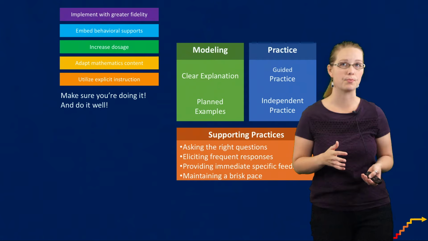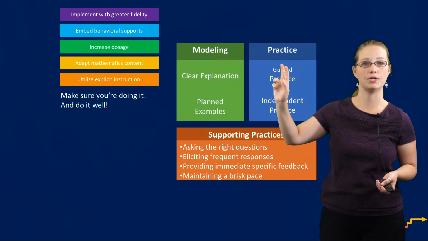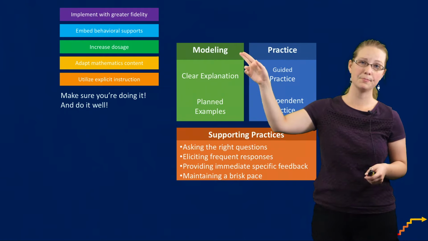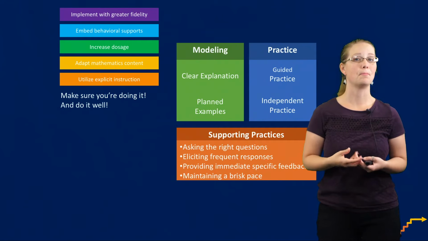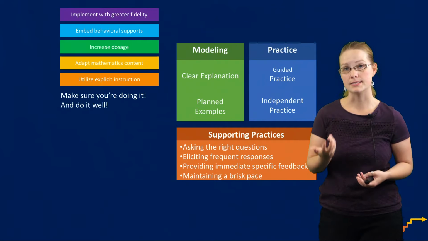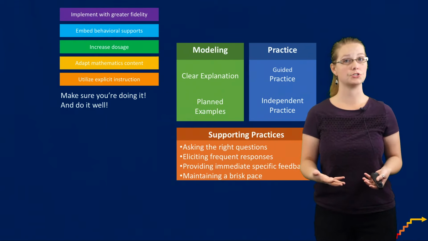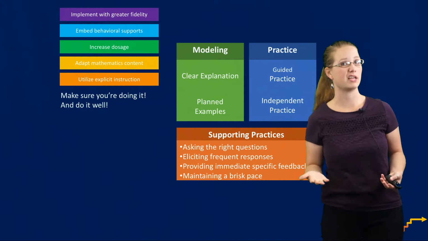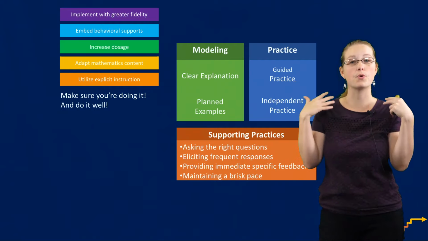So just to go over it briefly, there's two main components that go into explicit instruction. The first one is modeling. Especially if kids struggle with math, we might make assumptions as math teachers in terms of, if I say this, they'll understand it. But a lot of times kids who struggle with math don't get it. So we need to make it super clear exactly what we're thinking.